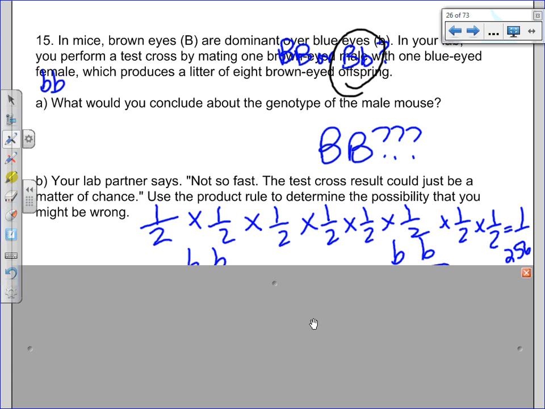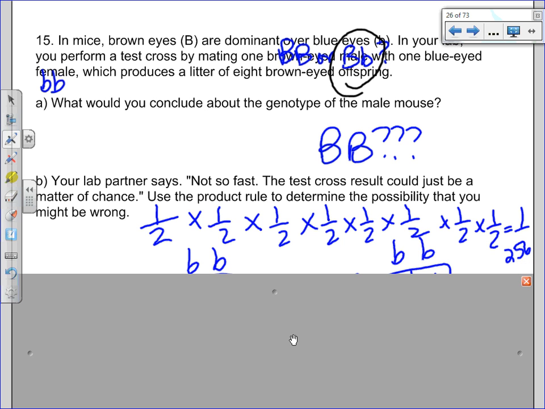If the parent was big B, little b instead of big B, big B, then we expect half of the children to be brown-eyed and half of the children to be blue-eyed. So the chance of it being brown-eyed is going to be 1/2, or 2 out of 4, right?